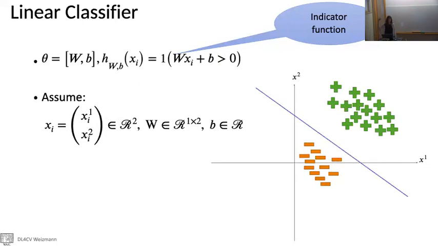So W is going to just be the normal of this line, and B is the bias, the distance from the origin. And another important notion is the decision boundary. This is the boundary where the classifier goes from classifying a point in space, here in this example on the 2D plane, as 1 to as 0. Okay?